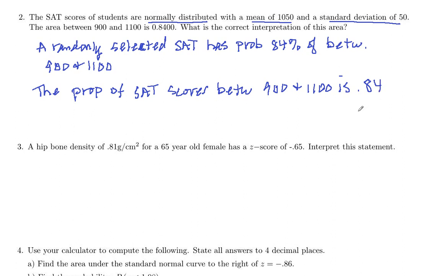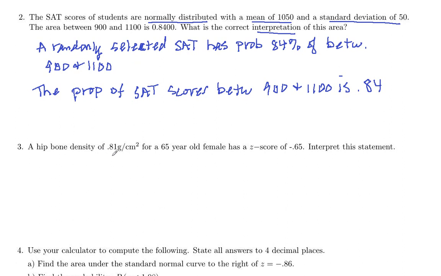So 84% of the SAT scores are between 900 and 1100. That's just interpretation, because they're asking what's the interpretation. They're not asking you to compute. So we actually didn't use the mean and the standard deviation of 50. It was just the 900 and 1100, the upper and lower cutoffs they gave us.